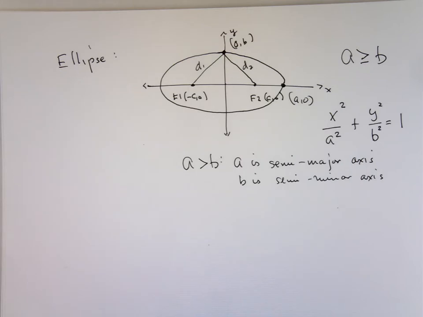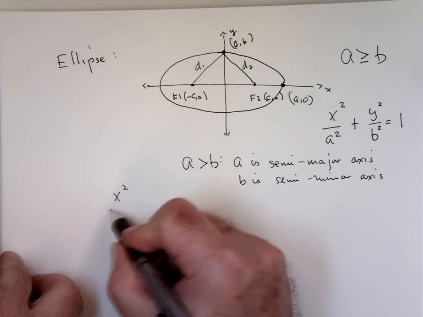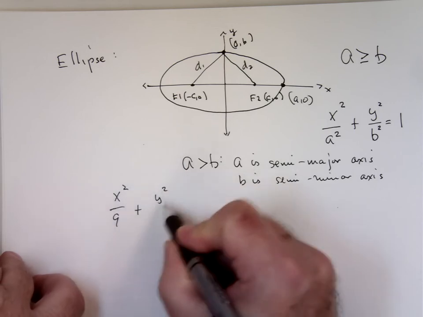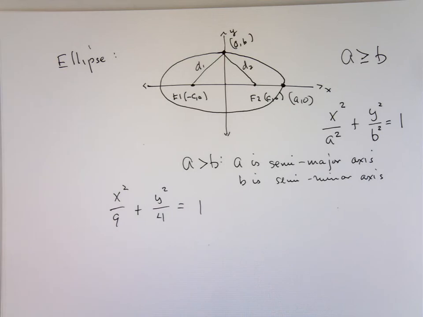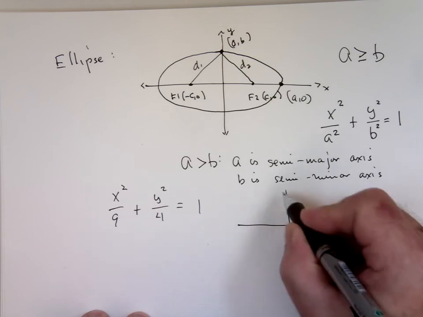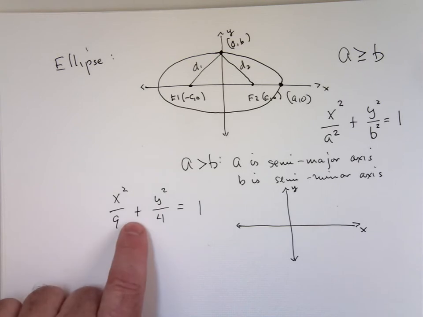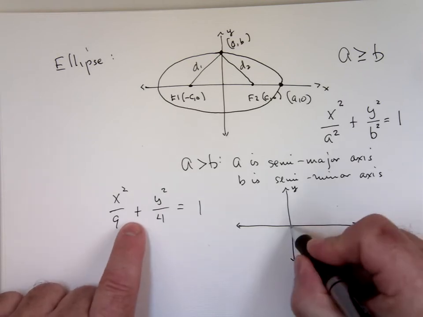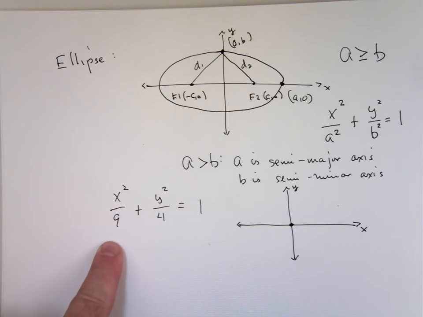Okay. So let me give you an example. Let's suppose we have x²/9 + y²/4 = 1. Center of the ellipse, (0, 0). A squared is 9, A is 3.